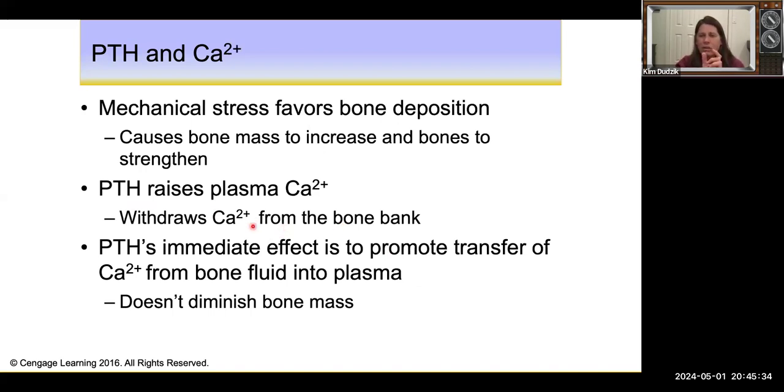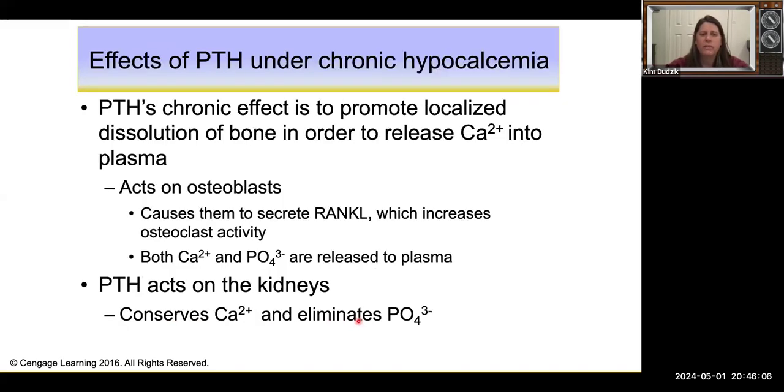It's inserting transfer proteins and things you don't need to know. Your book goes into more detail, but I'm not asking you to know that. What I want you to know is that it's causing the removal of the calcium from the bone fluid and directing it into the plasma. So this is not breaking down mineralized bone, which means it doesn't diminish bone mass. Normal situation there.